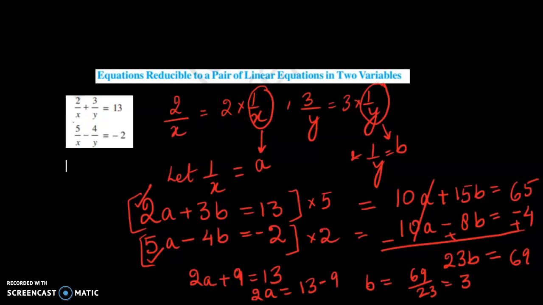So I get a is equal to 4 upon 2, so it is 2. So therefore, I get a is equal to 2 and b is equal to 3.